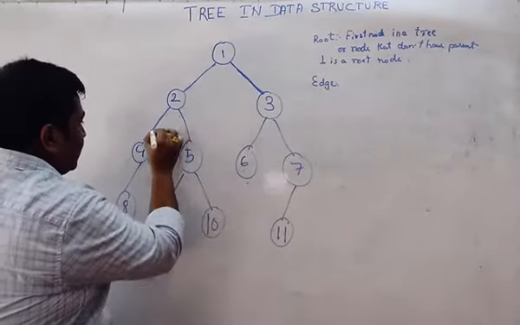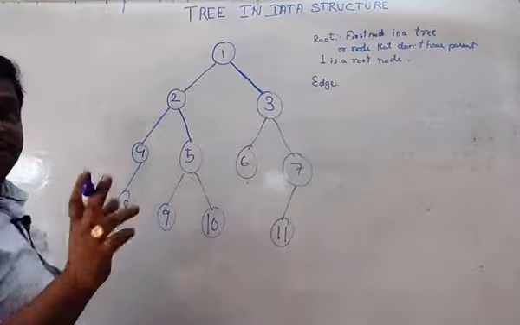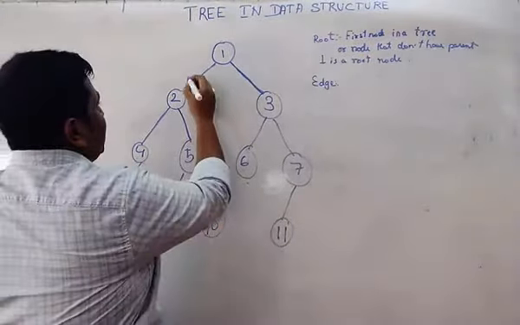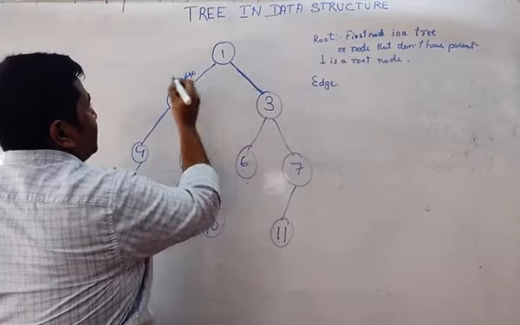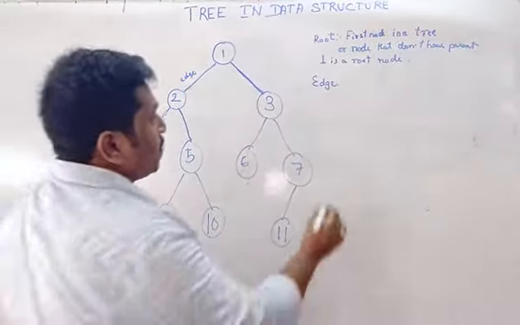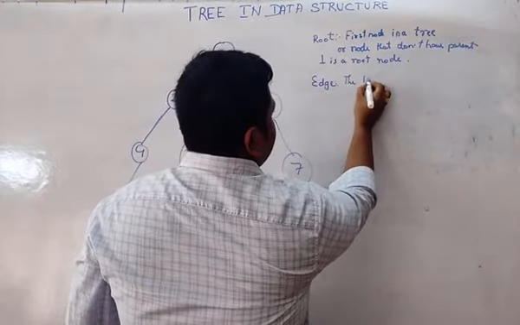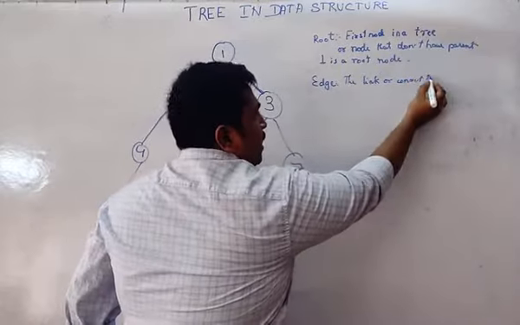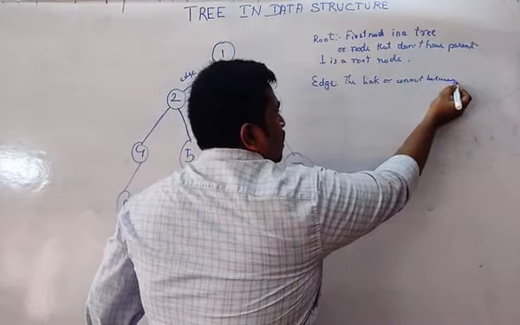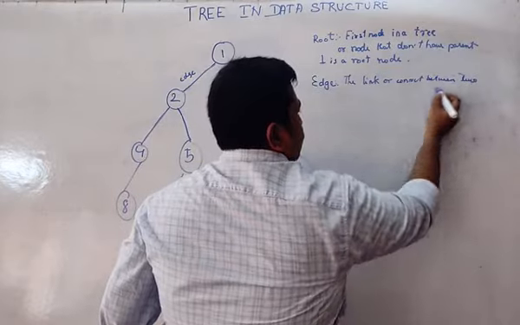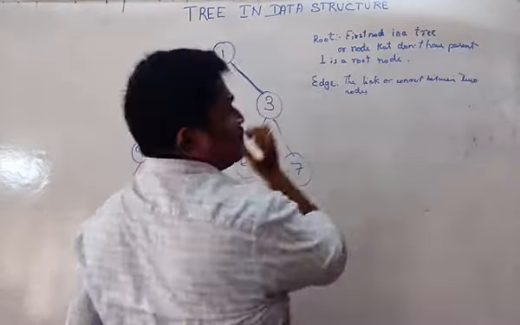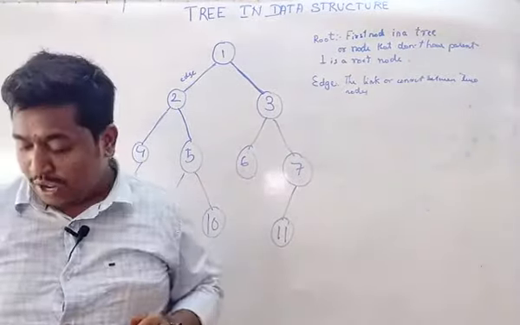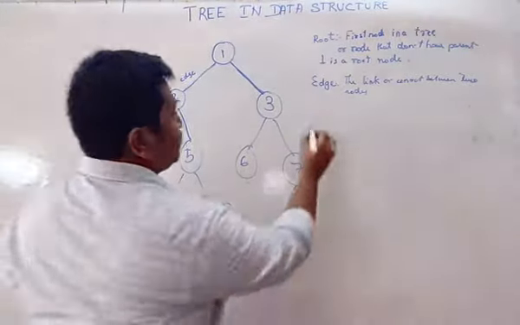So this link is called an edge. An edge is the connection between two nodes. Okay, next is parent node.